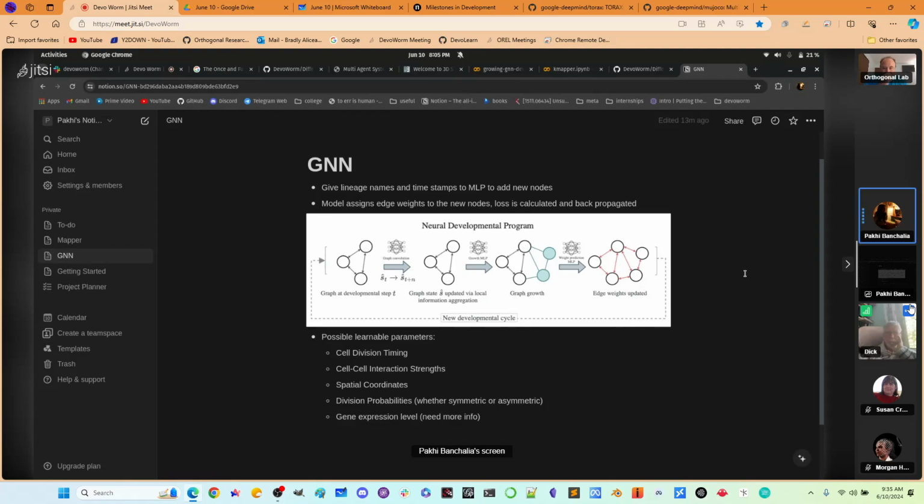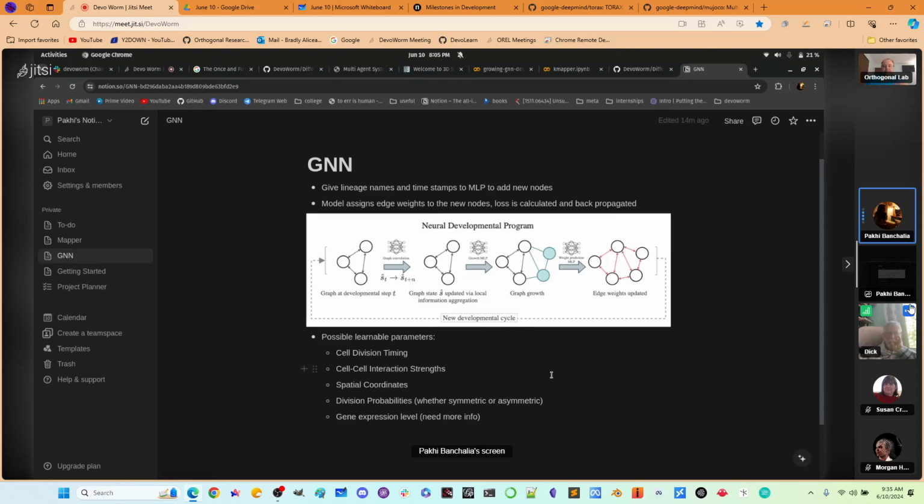The model can learn that. So I had a question about this as well. After going through various articles, I came up with these following parameters, which can be learnable parameters for the model. Like I mentioned, it can learn how to update the edge weights, which can be the cell-cell interaction strength.